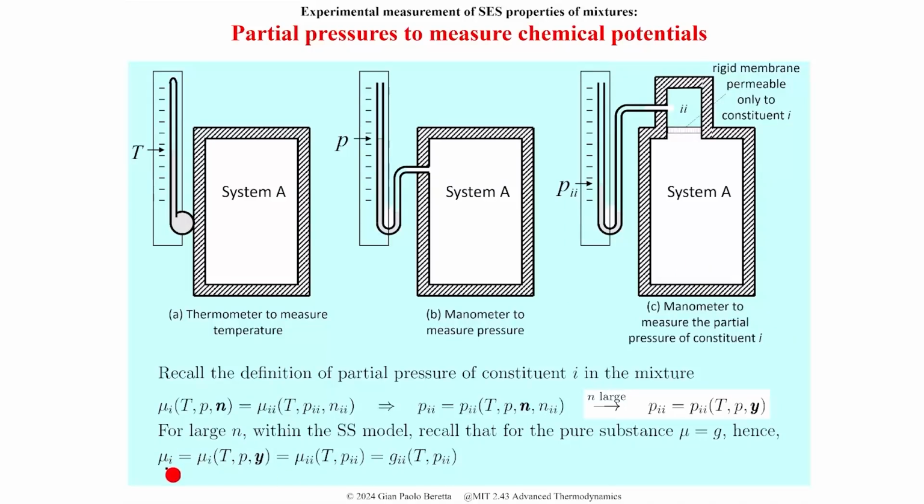And again here I use this relation, which is also important to remember, namely that for large n, the chemical potential of the constituent in the mixture is equal to the chemical potential of the pure component evaluated at the temperature and the partial pressure of the mixture, and the chemical potential of the pure component is given by the Gibbs free energy.